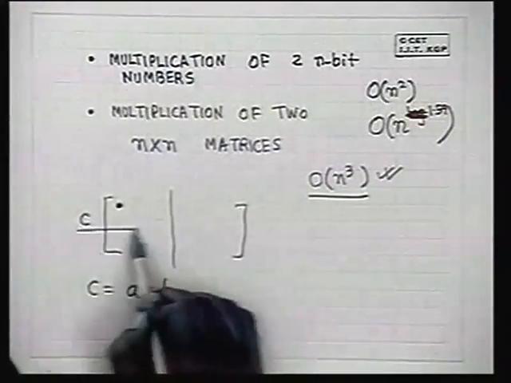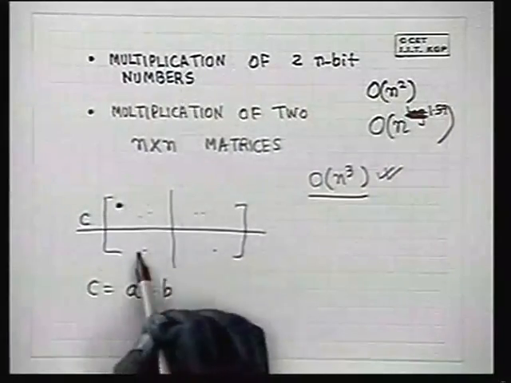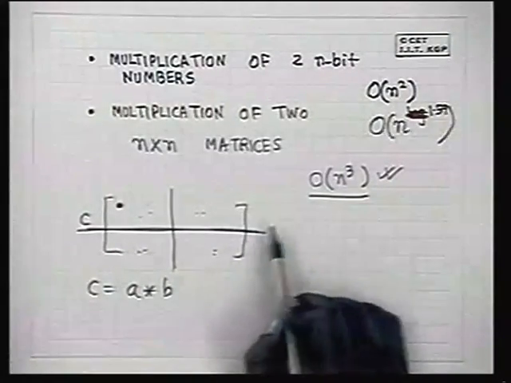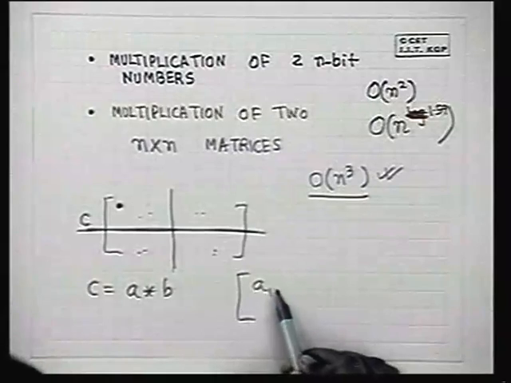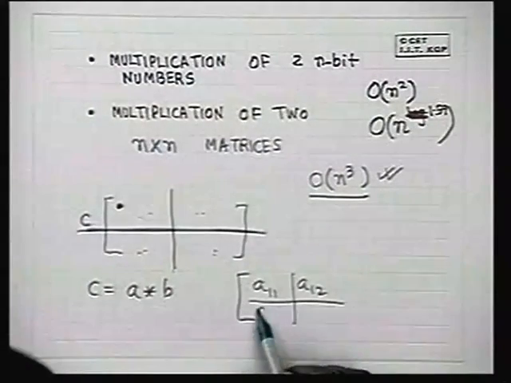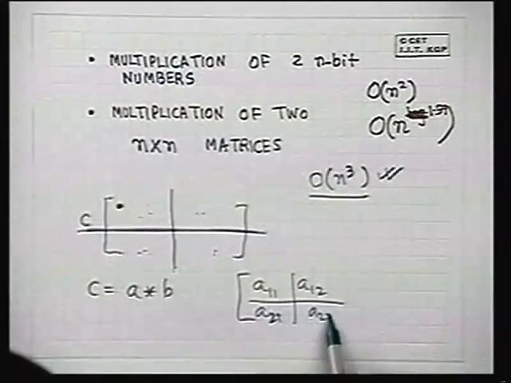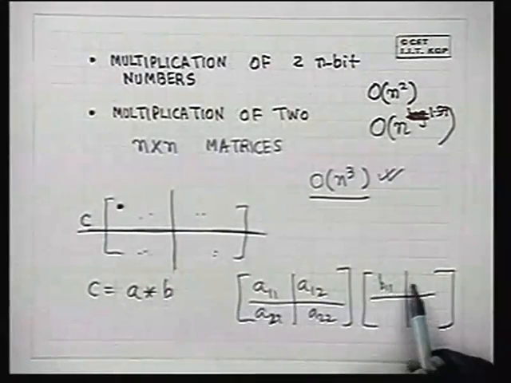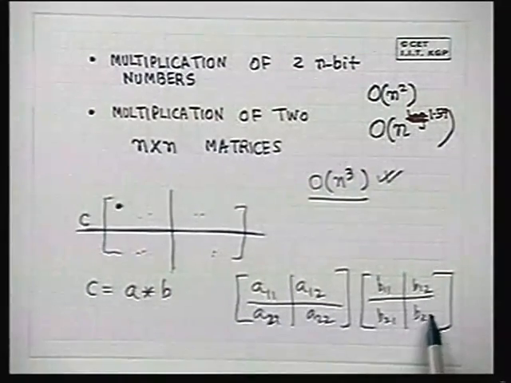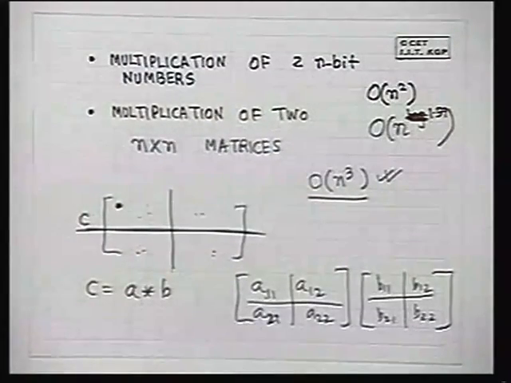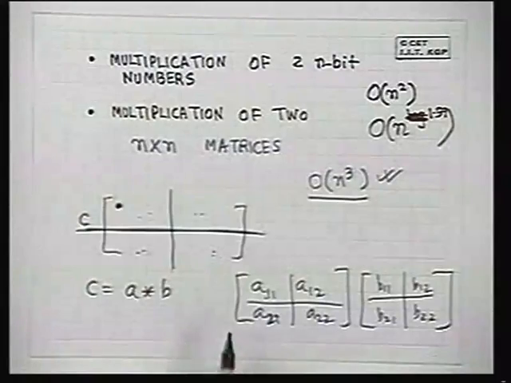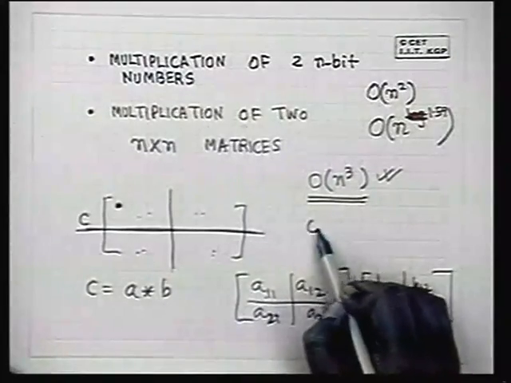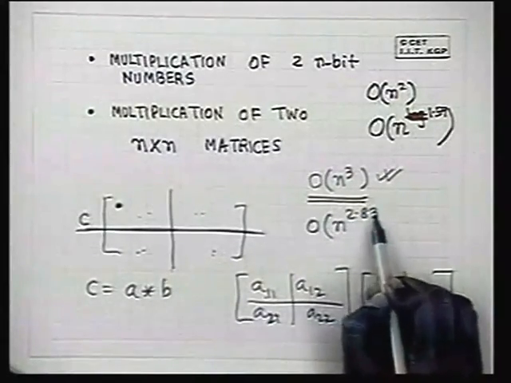Now if you split the problem and multiply it 4 by 4, split it into 1/4 size. Okay, so you split A into A11, A12 into 4 parts, into 4 submatrices, and similarly B. And then do a recursive multiplication of them in a very intelligent way, then you will be able to reduce this to something order of n to the power 2.83.